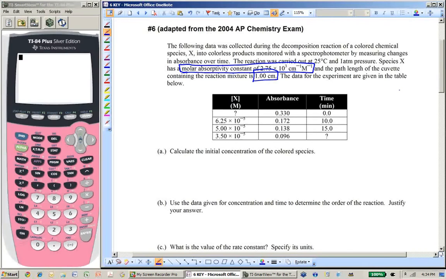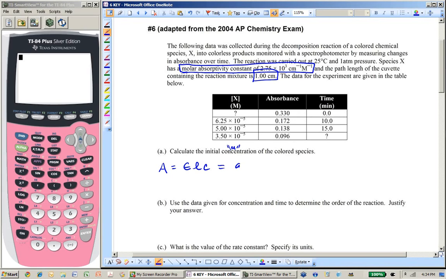So you knew one of these question marks is going to be filled in right off. So calculate the initial concentration, that's code for molarity, of the colored species. Well, I'm a fan of Beer's law being stated as absorbance equals epsilon for molar absorptivity constant, L for path length, C for concentration and molarity.